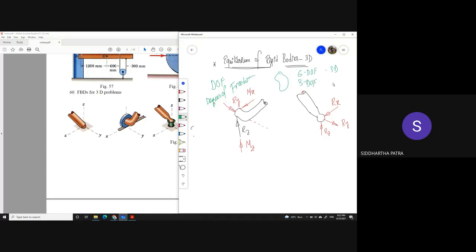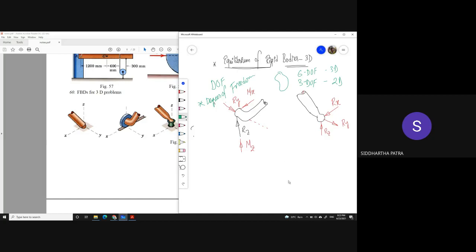So that is ux, uy, and theta z. What do I mean by degrees of freedom? In a different context, it could mean a different thing, but in mechanics, a degree of freedom essentially represents the kind of motion that an object can have.